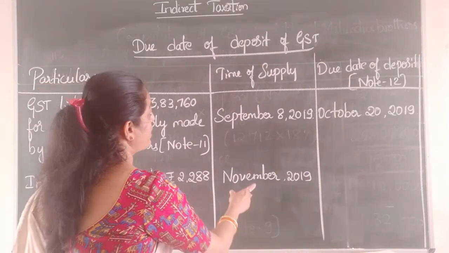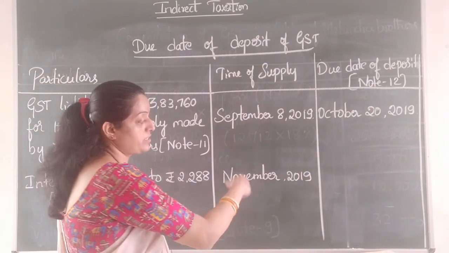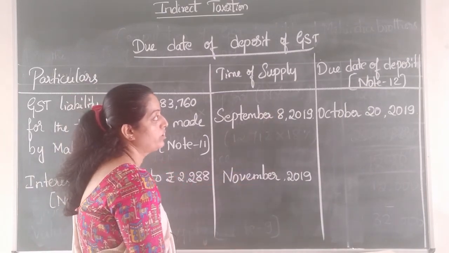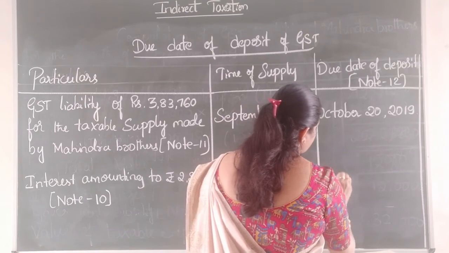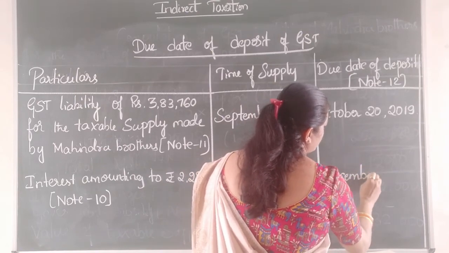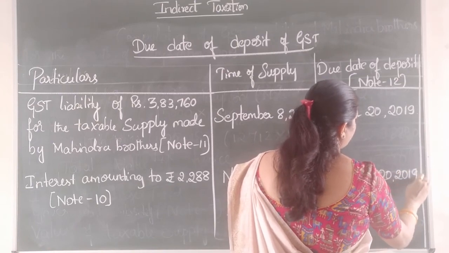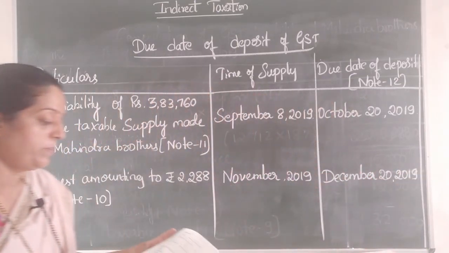And if we consider the time of supply as November, the succeeding month, December 20th, is the due date of payment, that is December 20, 2019 is the due date of payment.